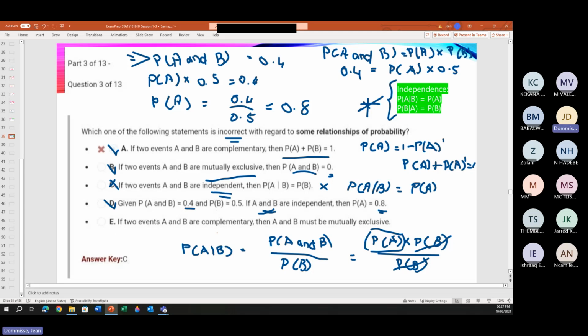Then let's look at this one: if two events A and B are complementary, then A and B must be mutually exclusive. Also correct, because you can see here the probability of the one plus the probability of the other one is equal to 1. So we don't have an "and", which means the two will be mutually exclusive.